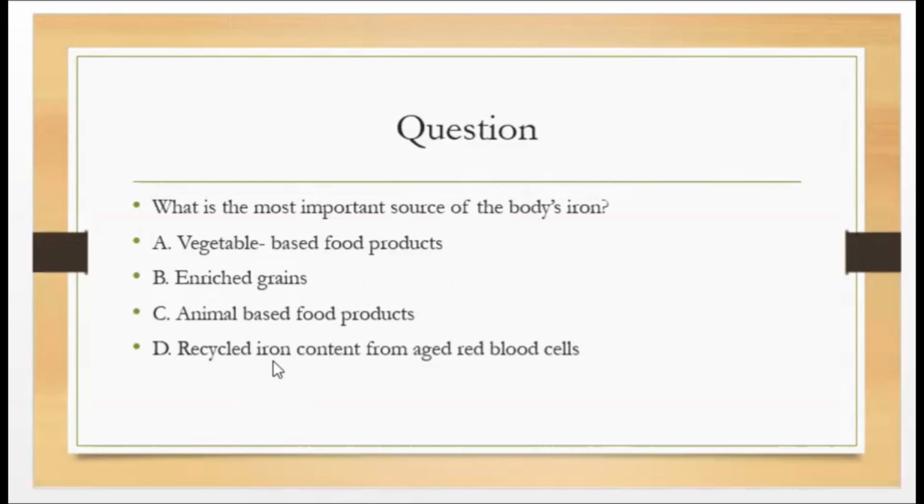Recycled iron content from aged red blood cells. So you can read about that, but 80% of the iron is stored this way. And RBCs are recycled every 90 to 120 days.